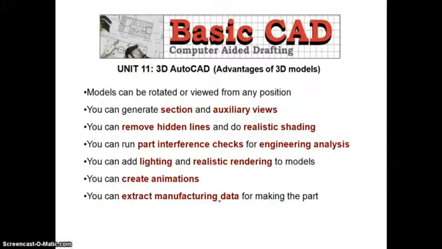We can remove some hidden lines or apply realistic shadings. We can add lights, generate animations, or use the same design data, the same CAD data, for manufacturing purposes, which we will see later. So what I have discussed here, all these are the advantages of AutoCAD.